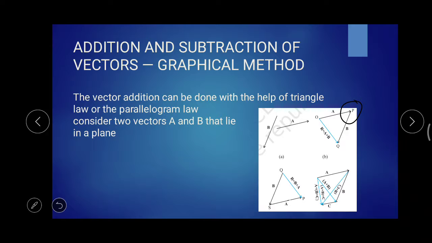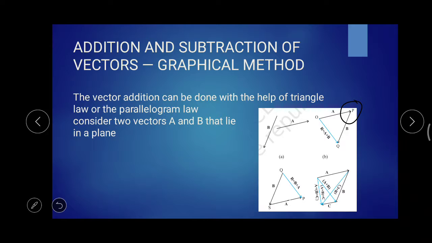Here you can see the position of vector B has changed, but the direction is the same. So when you are changing the position of a vector, you have to take care of the direction.